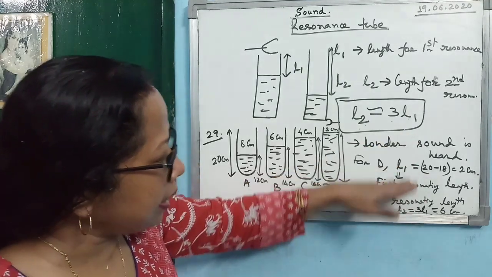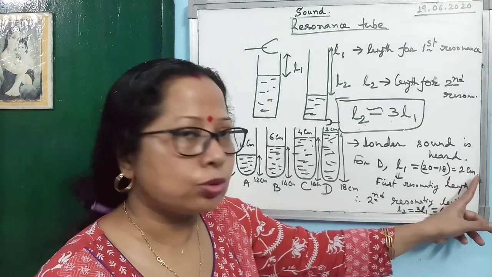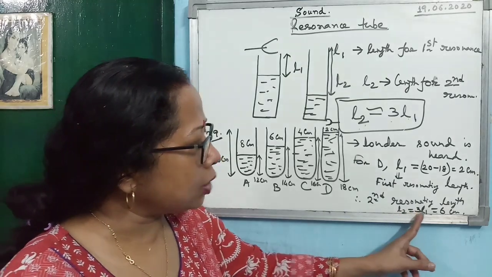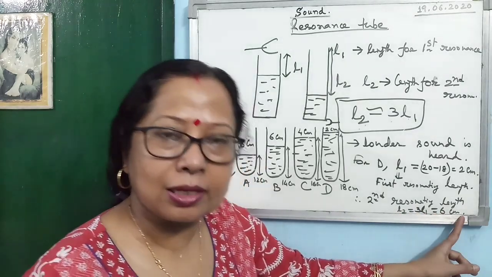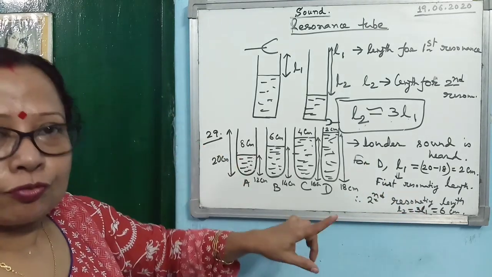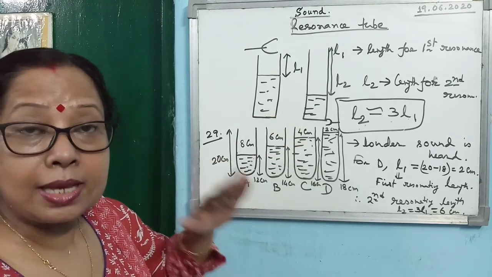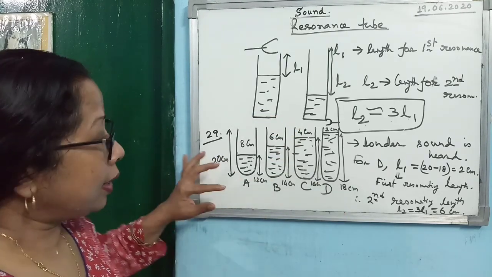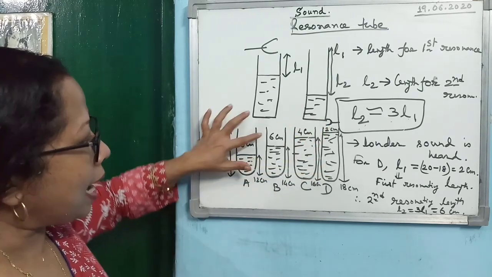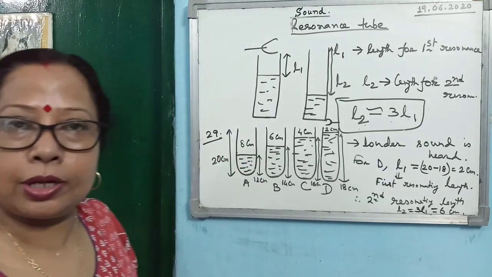This is the first thing you will write, that for D, L1, first resonating length, is 2 centimeter. Therefore, second resonating length L2 is equal to 3L1, is equal to 6 centimeter. Then, please note it down point-wise: for B, when the tuning fork is held above B, resonance will take place, louder sound will be produced.